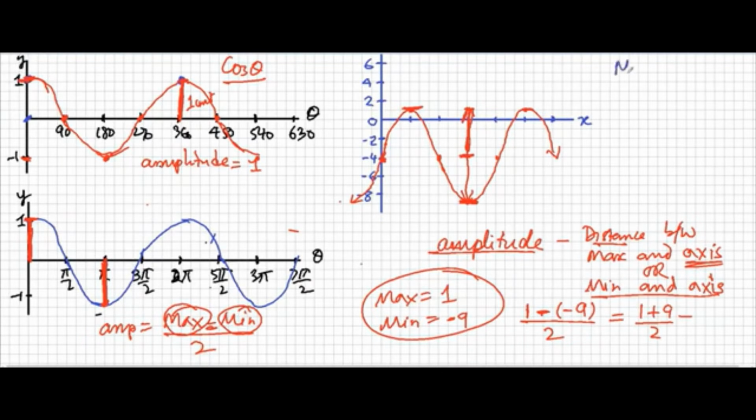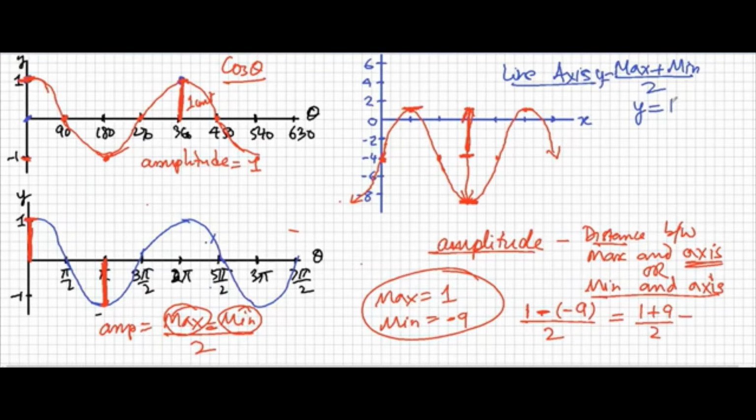So we find the mean by maximum plus minimum divided by 2, and that's how we find the line of axis. You can say line axis, and it is always written as y equal to, because it's a line. A line will have an equation. A line will not be a number. A line will be an equation. We say y equal to maximum plus minimum divided by 2.